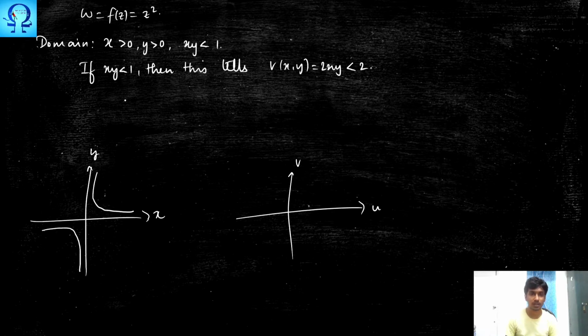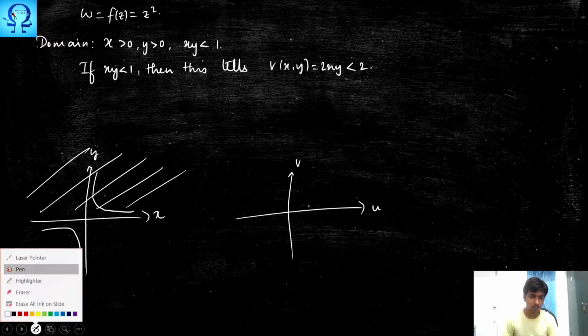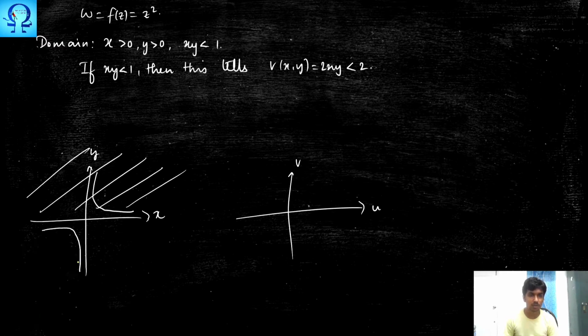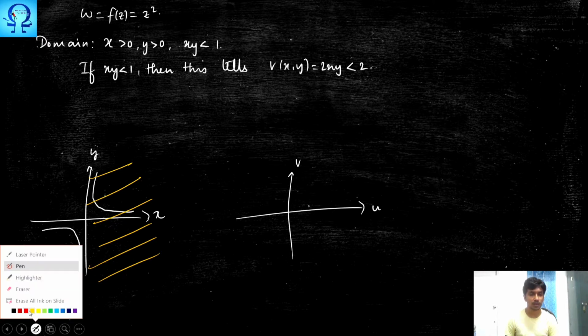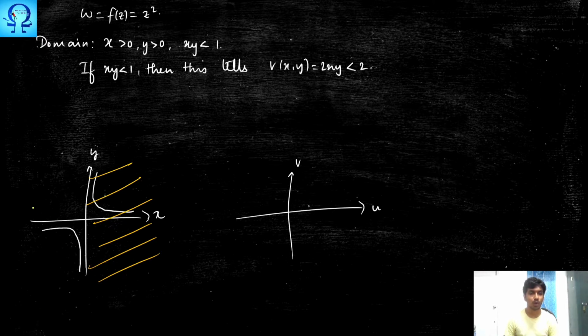We have restricted x to be positive, so it can be only on this region. Next we are given that y is positive, so it can be on this region.